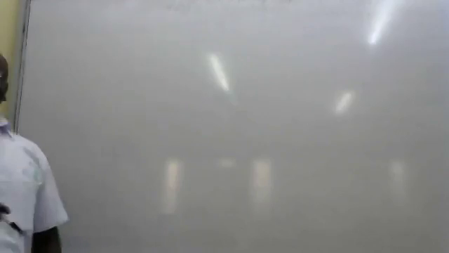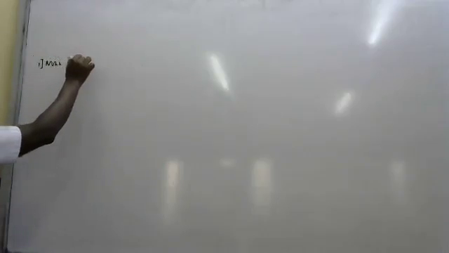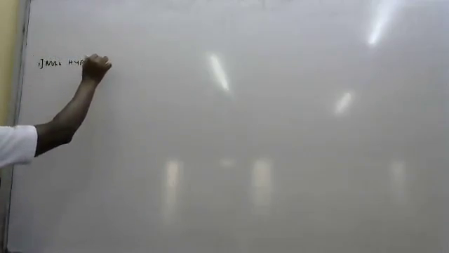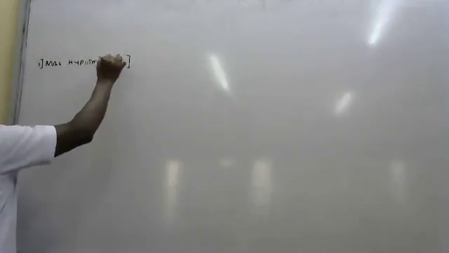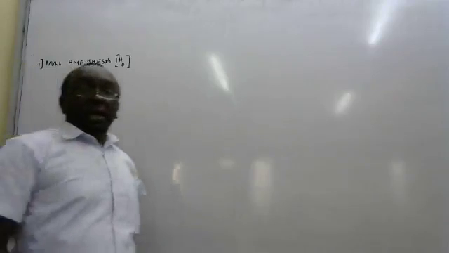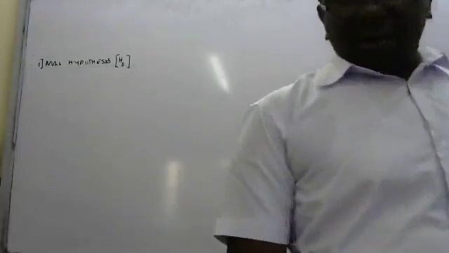There are two types of hypothesis. Roman 1 is called the null hypothesis, H0, H-naught. We explain a little.